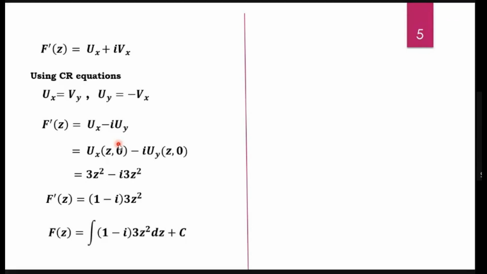Z square का integration, that will become z cube by 3. ठीक है, तो capital F of z हो जाएगा 1 minus I into z cube. 3 will get cancelled. 1 minus I constant will remain as it is.